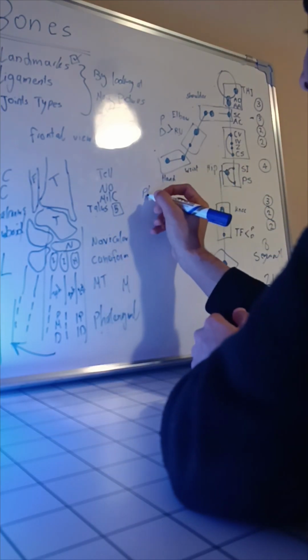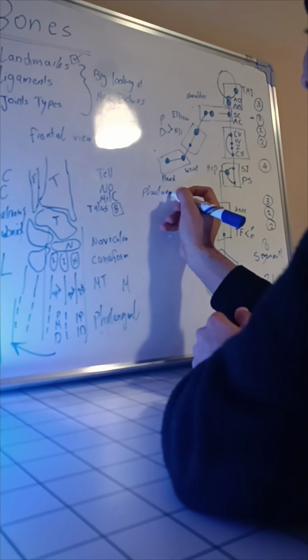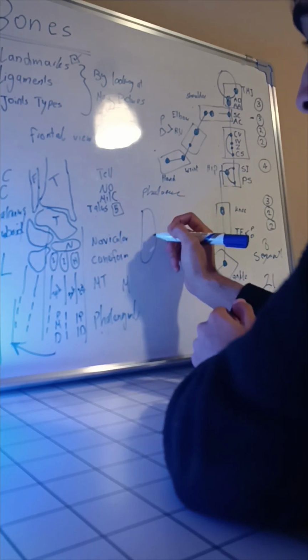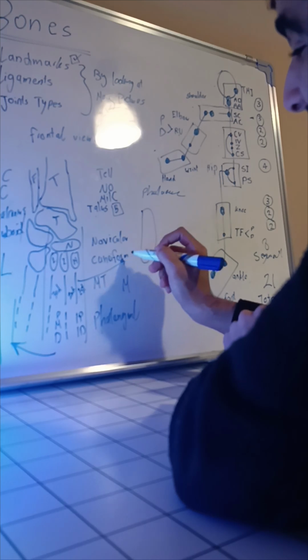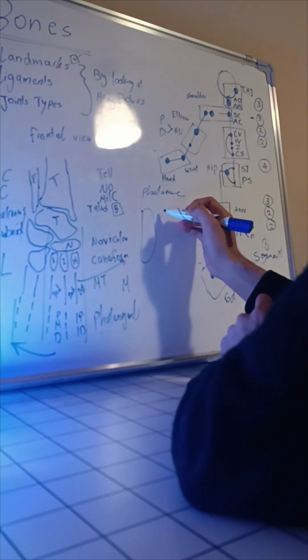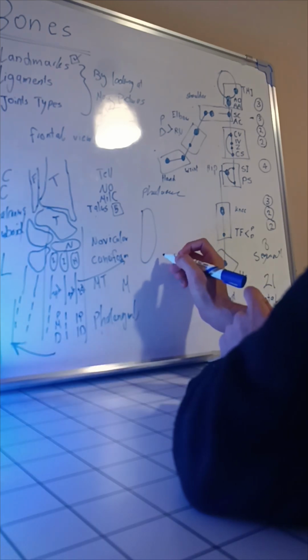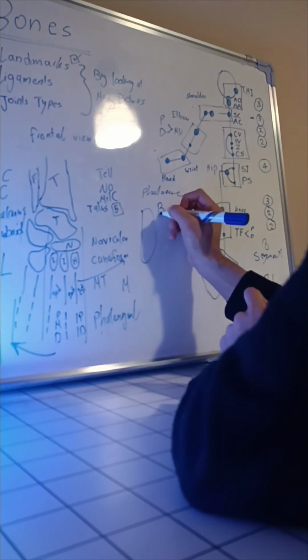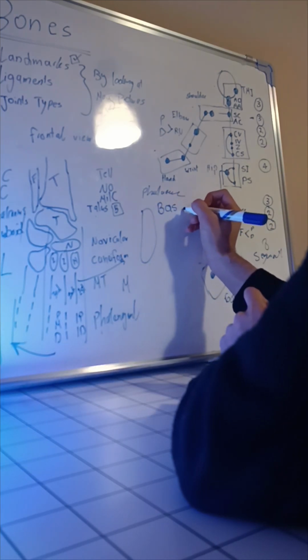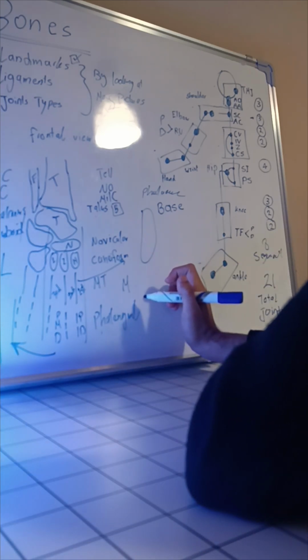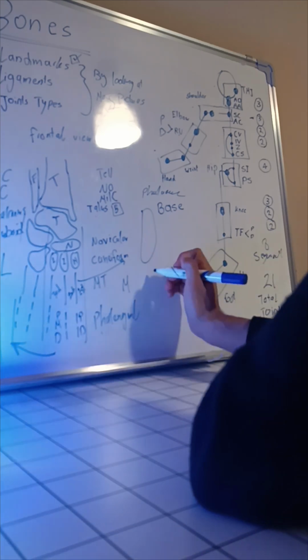If we imagine this in here, the head and base. The base is the part that is connected to the body, and this is the base and this is the head.